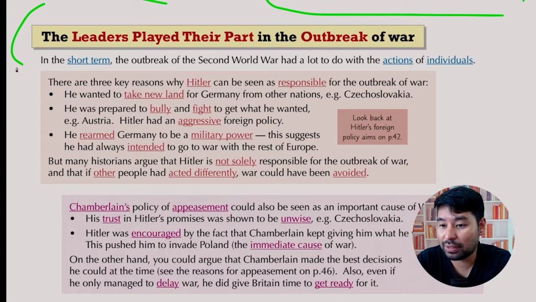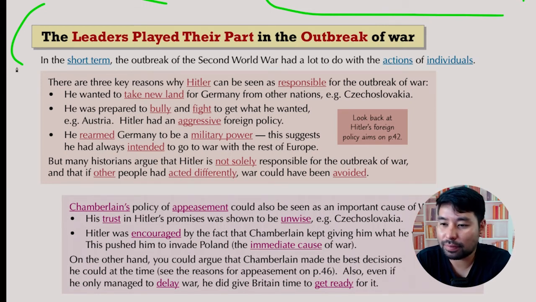This suggests he had always intended to go to war with the rest of Europe. Some people say that getting to war and taking control of everybody was his idea since the beginning. He just didn't show that before.